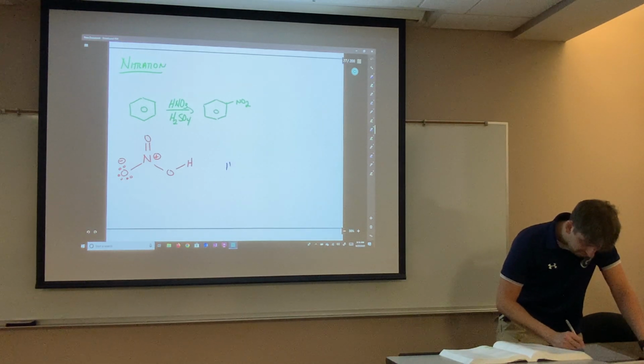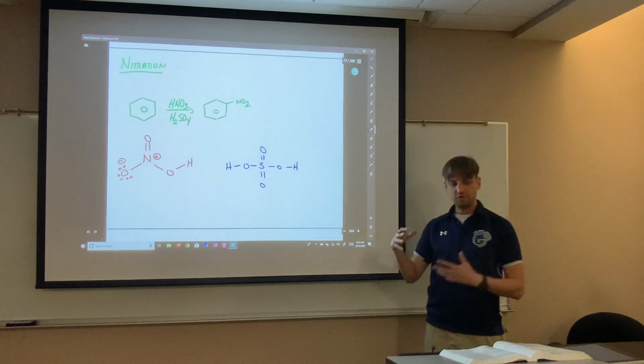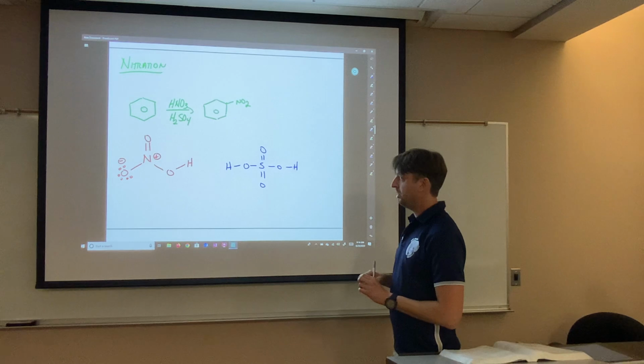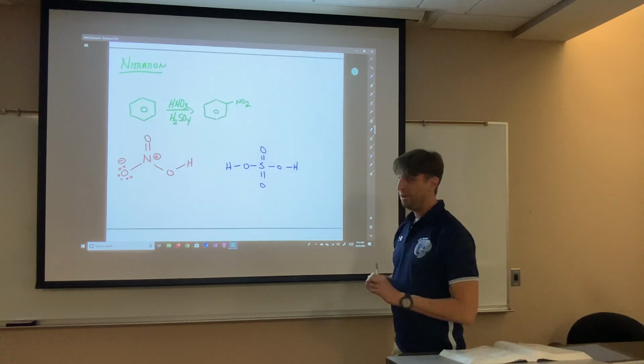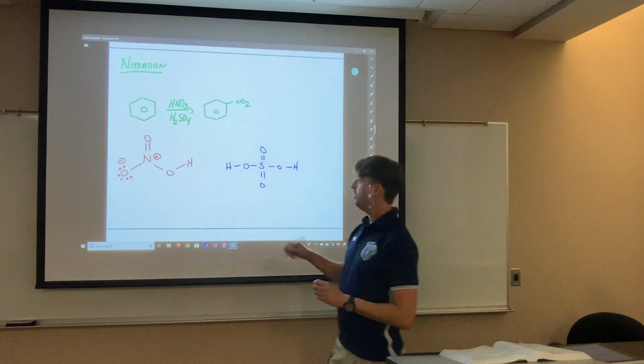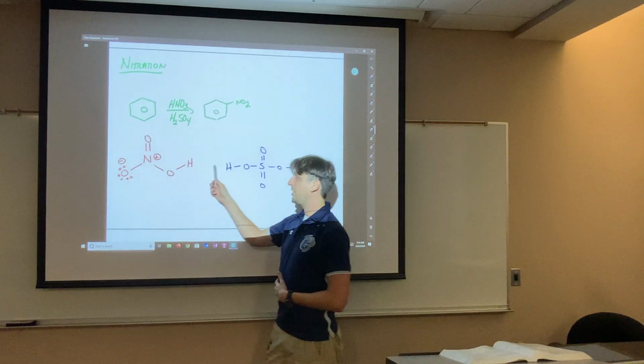I might have drawn these too big. Live and learn. Okay. So we have to do an acid-base reaction first. Now we have a choice. And the choice is, where is the hydrogen from sulfuric acid going to go?